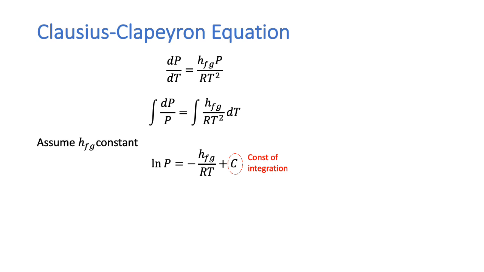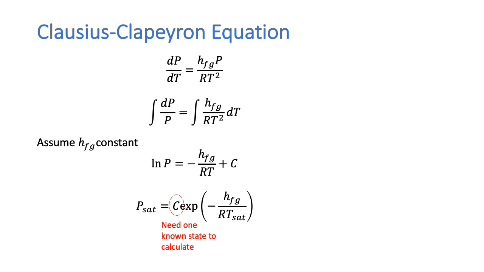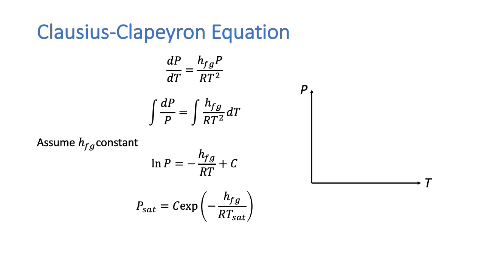We can rearrange this equation to say that Psat is equal to C exponent of minus Hfg upon R Tsat. This is now the relationship between the saturation pressure and the saturation temperature. We can calculate C if we have one known state.